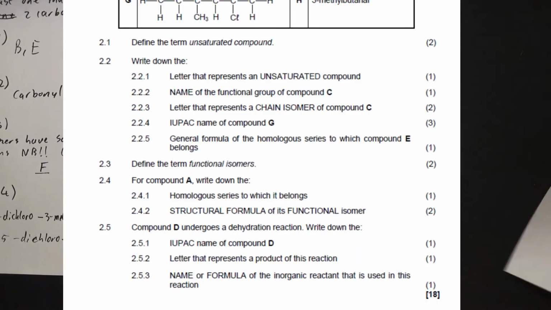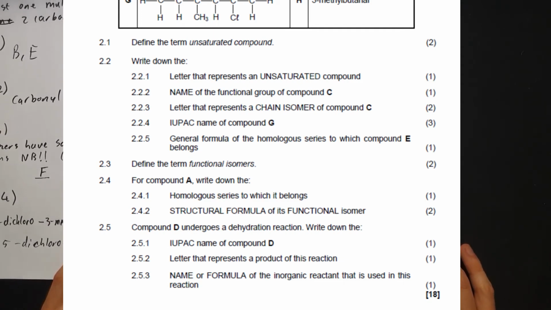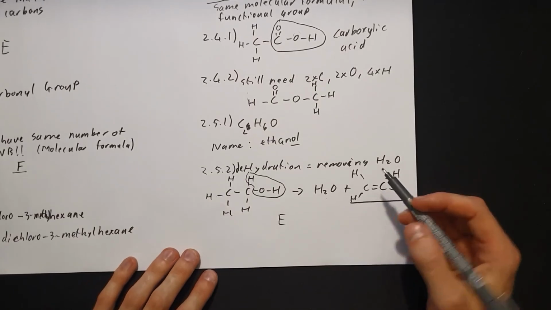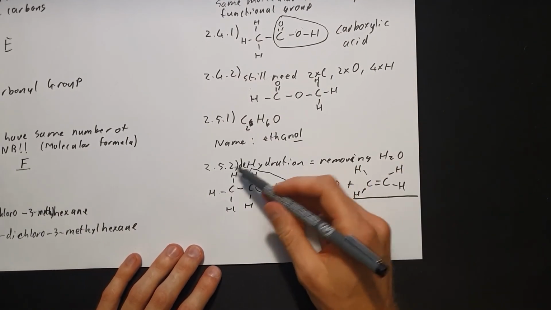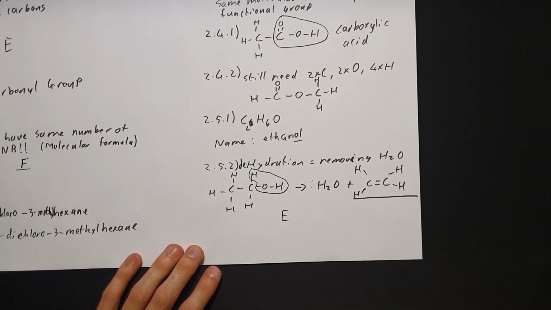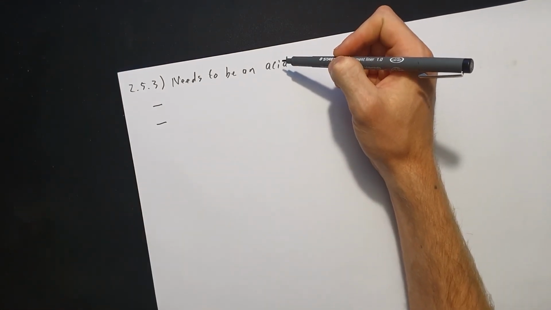Now, lastly, 2.5.3 says name the formula of the inorganic reactant that is used in this reaction. So what are we using to split the water off of this alcohol? The answer is that it needs to be an acid, and there are 2 options for your acids.